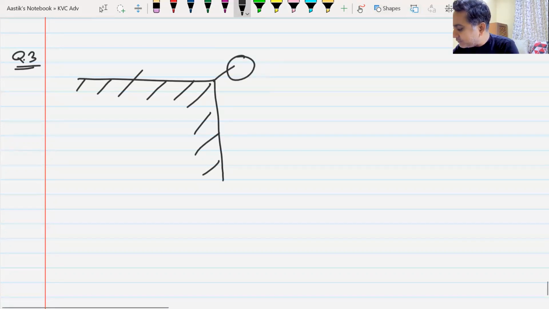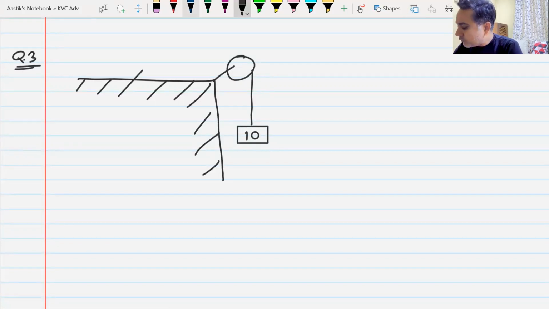Now I have a pulley. I have a block like before. This block, let us say, is 10 kgs. I have the same string. Remember, it's the same string. I have one block, let us say this is 5 kgs.